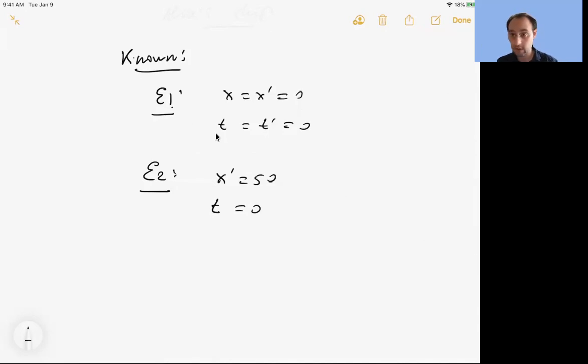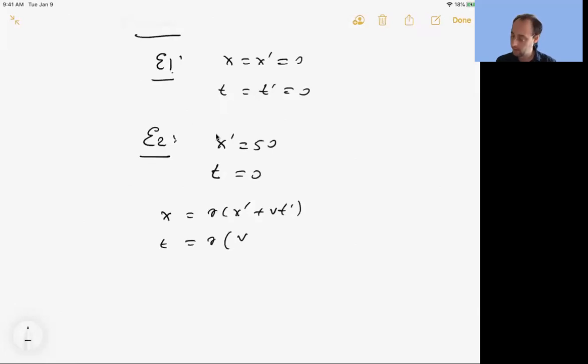But let me just write things down. So we have x equals gamma (x prime plus vt prime). We have t equals gamma (v over c squared x prime plus t prime).